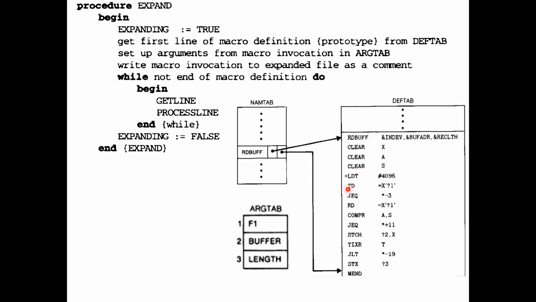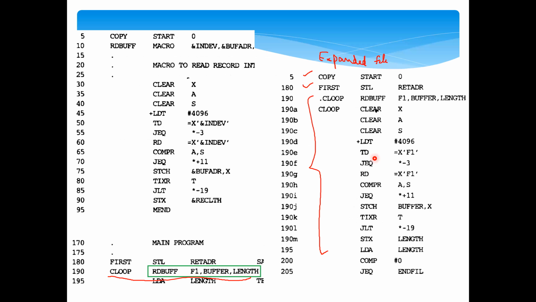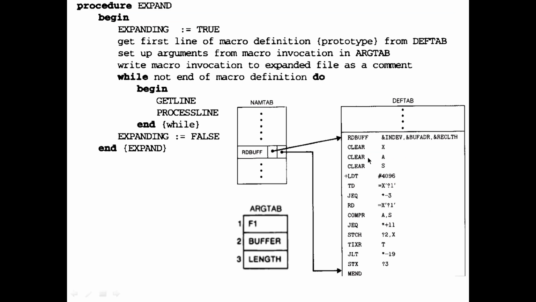So let us see how this statement is expanded and written to the expanded file, the statement that starts with TD. Here you can see that in the definition table, the statement which was written was equal to X question mark 1. And in the expanded file, this 1 is replaced with F1.